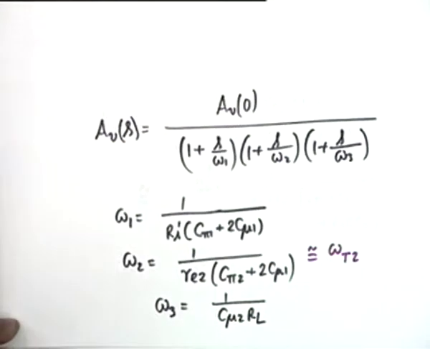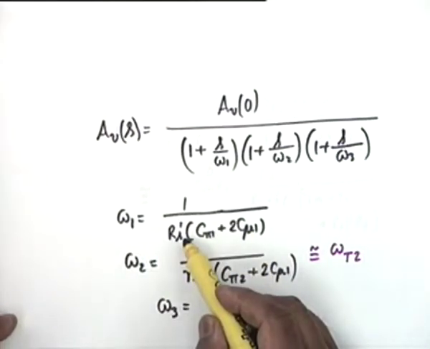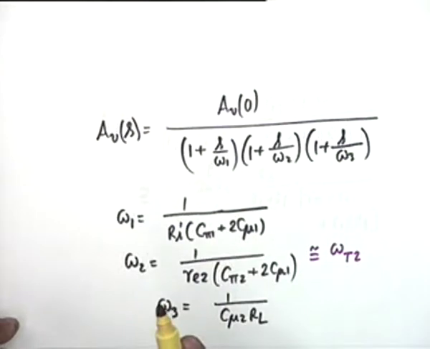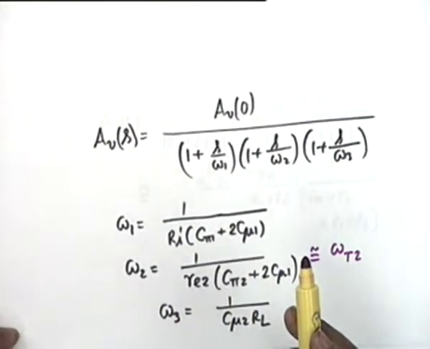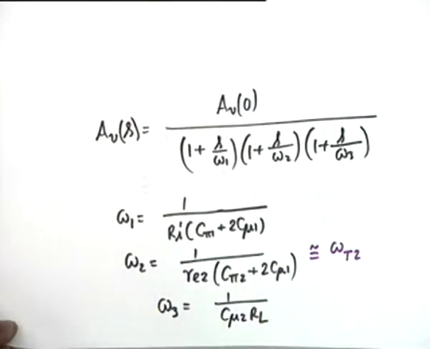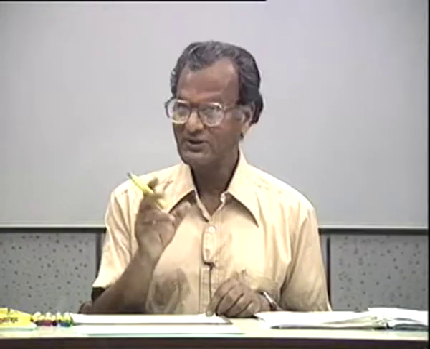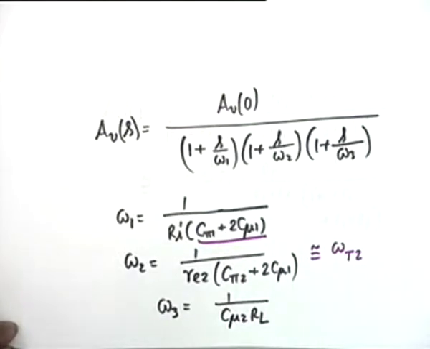C mu 2 is usually a very small capacitance. The time constant here is controlled by Rs prime. What is Rs prime? RB parallel Rs. Is that right? What was Rs prime? That's right. So it's not necessarily a small resistance. Okay. And the capacitance here is C pi 1 plus 2 C mu 1.